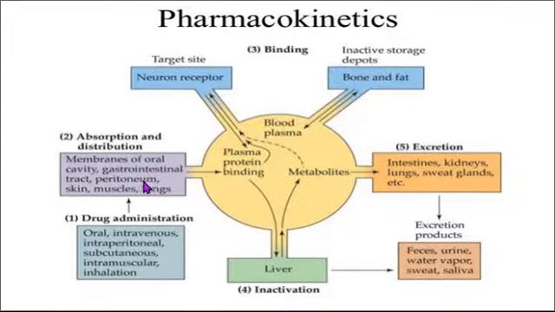Then it goes to absorption and distribution. Membranes of the oral cavity, GI tract, peritoneum, skin, muscles, and lungs all have something to do with the absorption and distribution of the drug. Then you get into all your receptor sites and your binding. We will only cover a little bit of binding, and some of that will be evident when you do your activity.